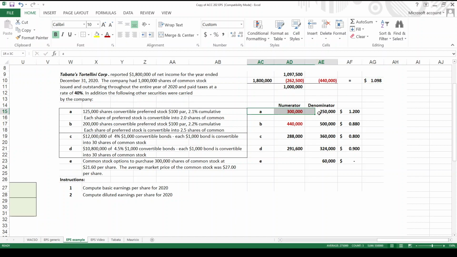That would be called an anti-dilutive security, which is much more obvious than that scenario. They're both anti-dilutive, one obviously, one not so obvious. Okay, so that would be everything that you ever wanted to know about earnings per share, but were afraid to ask.